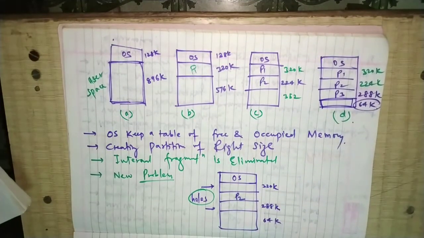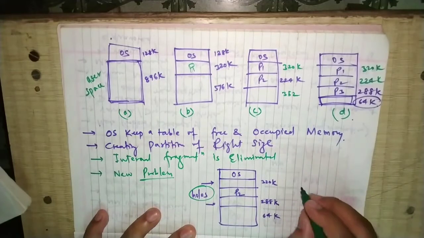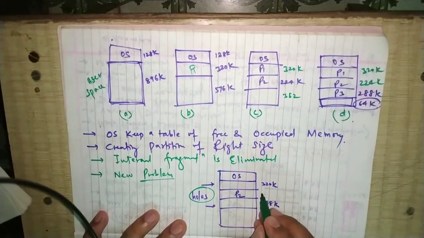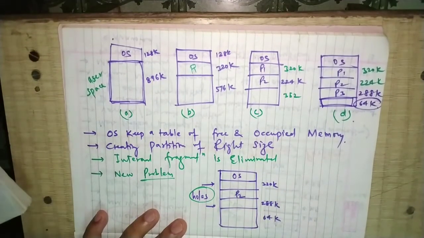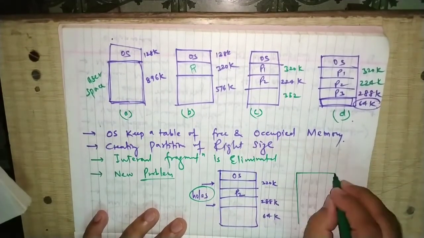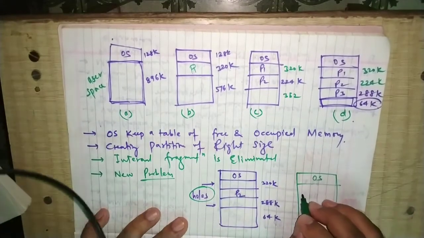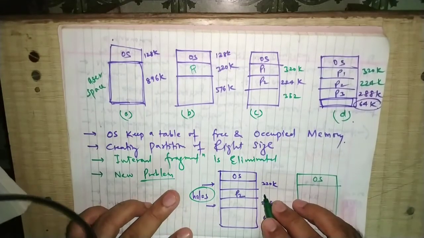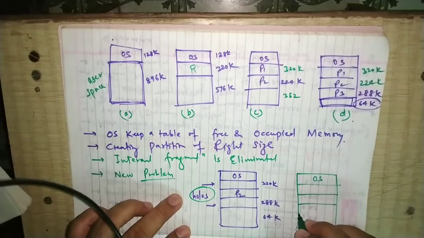So they are called holes. Suppose process 4 has arrived now, and process 4 has a requirement of 280k. So we'll draw another diagram. This is for the OS.